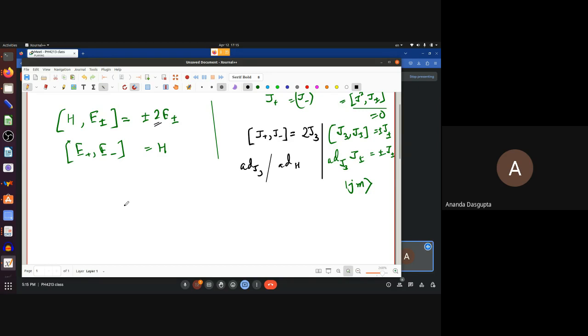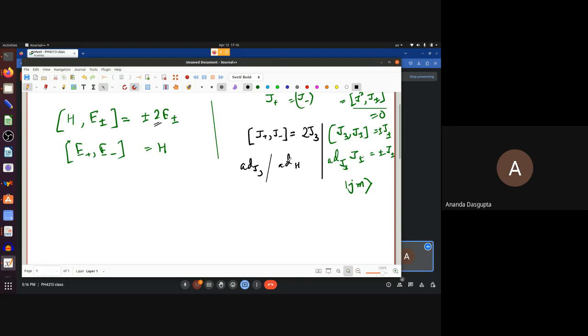I'm talking of small j and small m, right? Because I'm using H, which is double of J3, the eigenvalues involved will all be integers. So this is going to be slightly easier to handle than having to worry about integer or odd half integer cases.